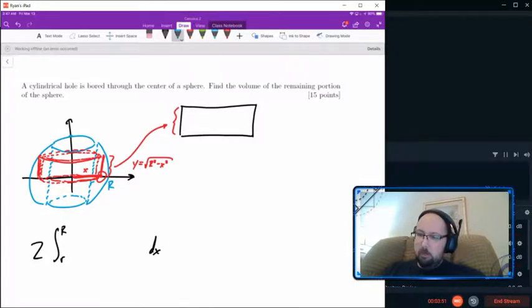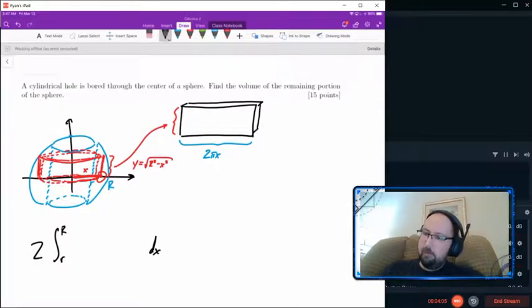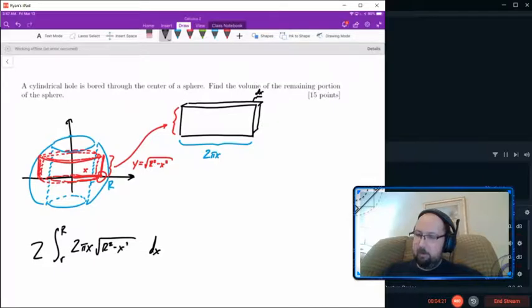So this portion along the bottom of the shell is the circumference of that circle, so 2 pi x. And again, if I've unrolled this little cylinder, the depth of it is going to be dx. So putting all this together, I have 2 pi x times the square root of R squared minus x squared in my integral.